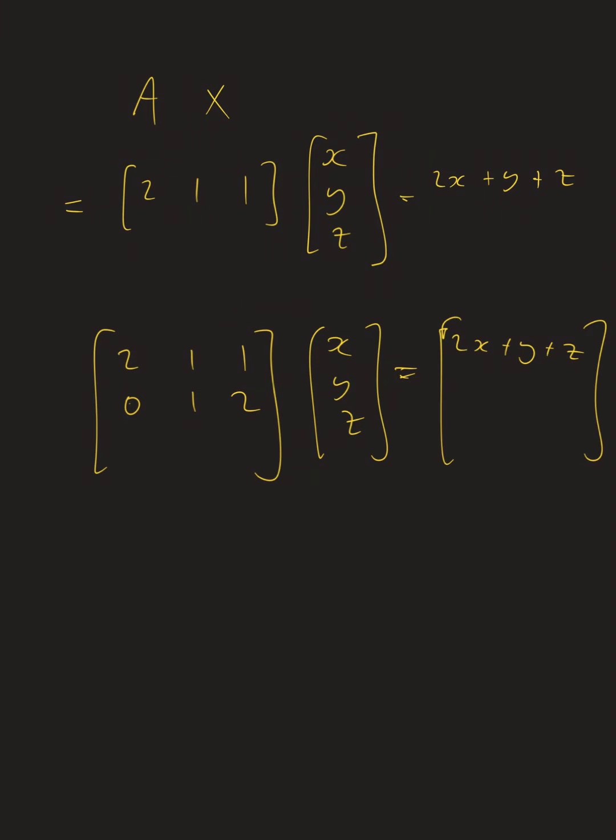And my second element there will be the second row here times my variables. So I'm going to get 0 times x plus y plus 2z. What if I wanted a third number to come out of this? Well, I can just add another row again. So this time, let's say it's 1, 0, 0.